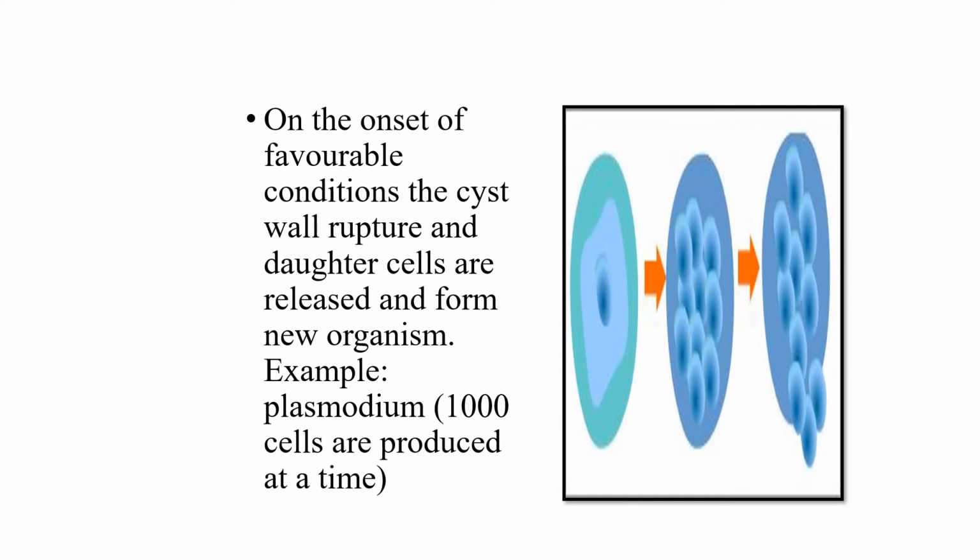On the onset of favorable conditions, the cyst wall ruptures and daughter cells are released from the cyst, so new organisms are formed. Best example, Plasmodium, where 1000 cells are produced at a time.